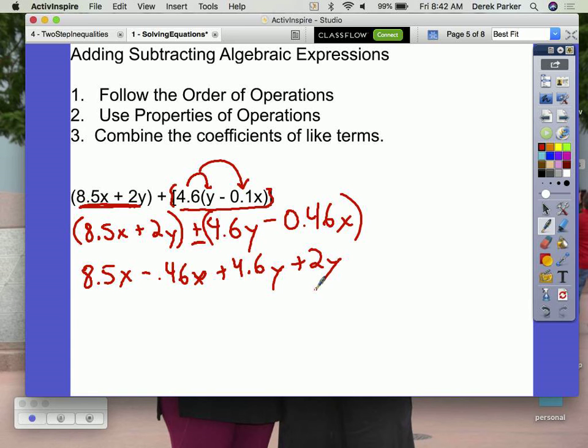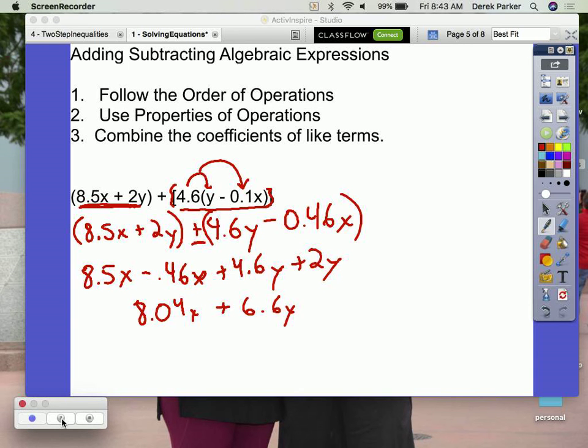Combine like terms. 8.5 minus 0.46, I get 8.04x plus 6.6y. Now, these two add-ins are different variables. We cannot combine them. I'm finished.